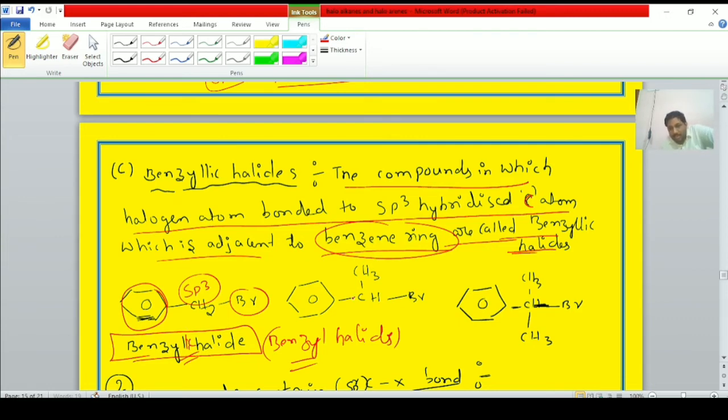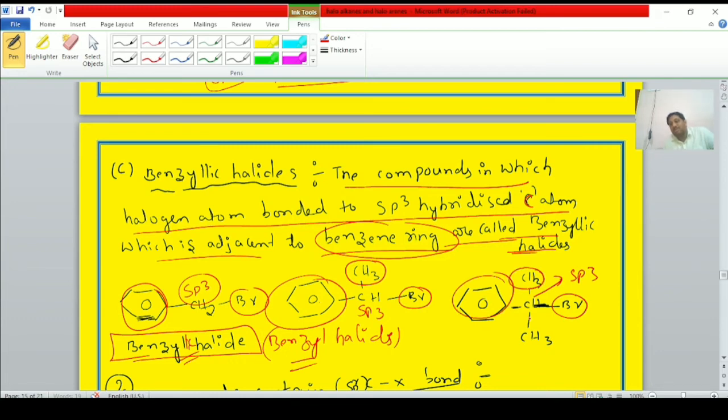Here, in the same compound, the halogen atom is bonded to an sp3 hybridized carbon atom which is bonded to the benzene ring. It is also a benzylic halide, but it is a methyl benzylic halide. Next, the halogen atom is bonded to an sp3 hybridized carbon atom which is bonded to the benzene ring.